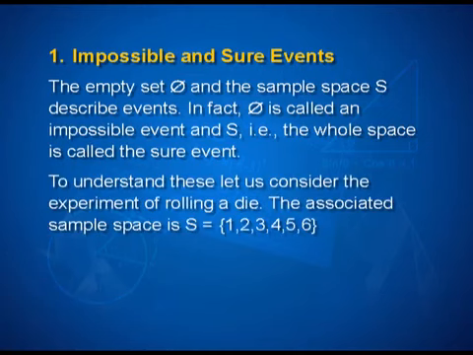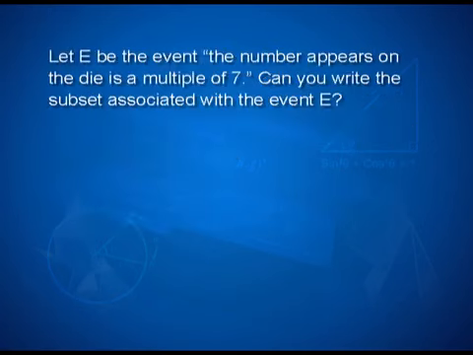To understand these, let us consider the experiment of rolling a die. The associated sample space is S = {1, 2, 3, 4, 5, 6}. Let E be the event: the number that appears on the die is a multiple of 7. Can you write the subset associated with the event E?